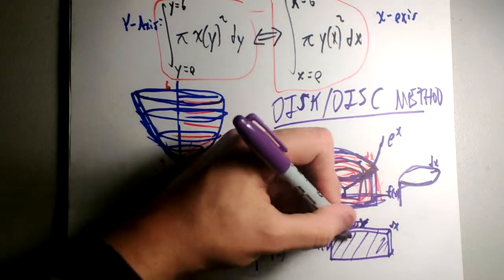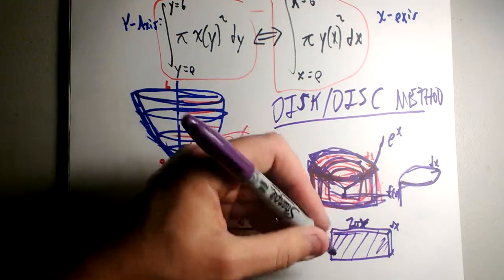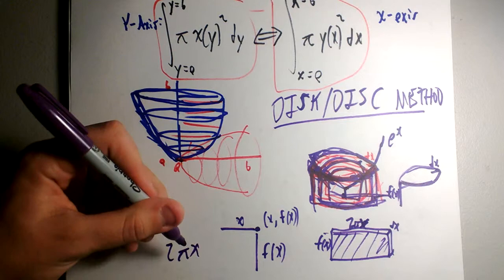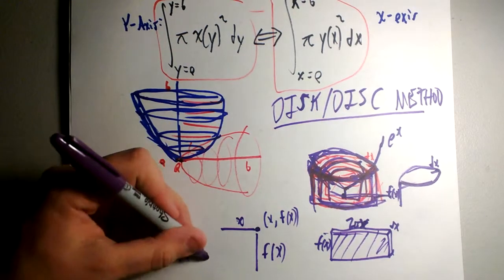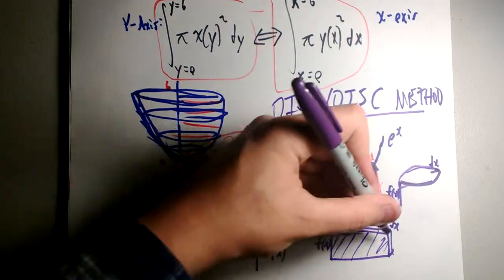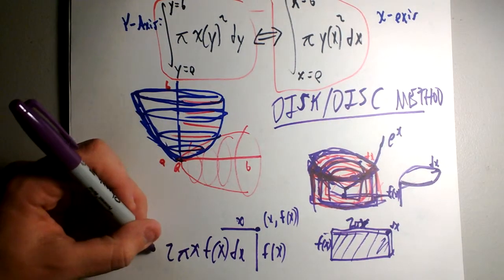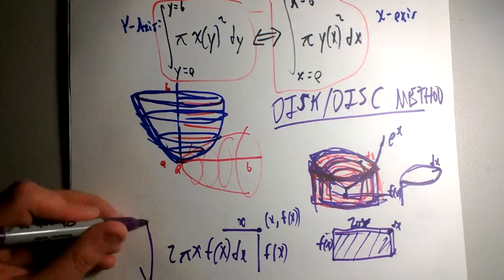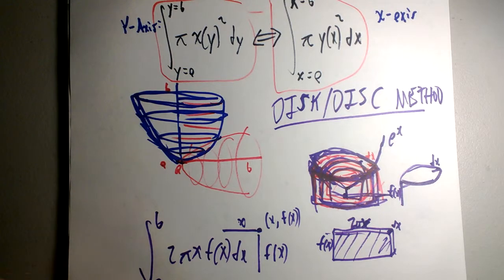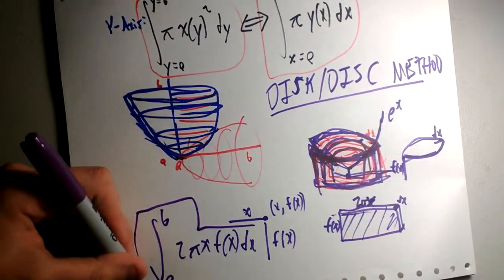And then this area right here is f of x times 2 pi x. And then we want to give it some depth, so multiply it times that dx. And now we add everyone from A to B, as always. And ta-da! This is called the shell method.